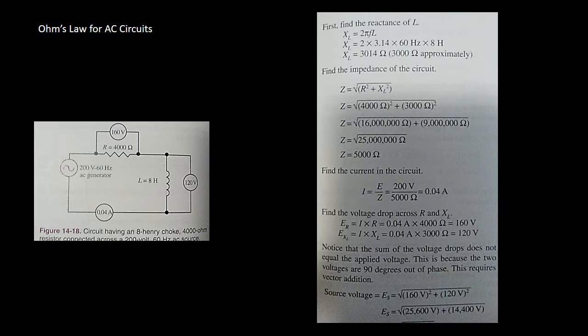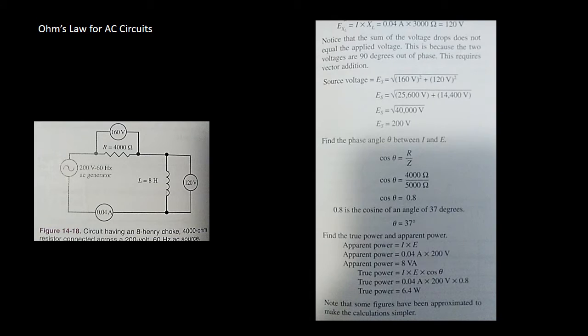The source voltage, ES, as shown on the screen, equals the square root of 160 volts squared plus 120 volts squared, which, as you can see, ultimately equals 200 volts.